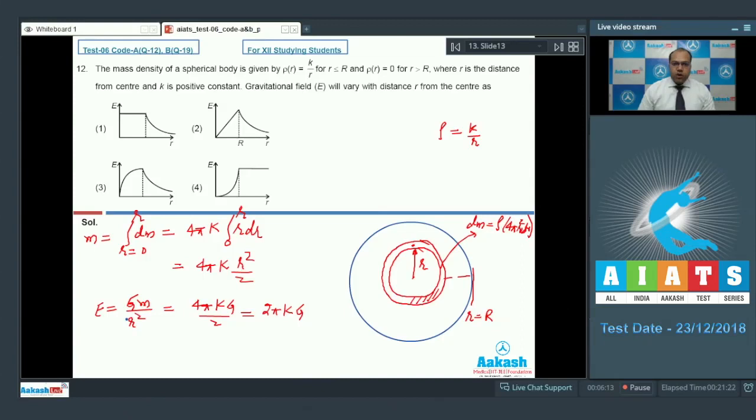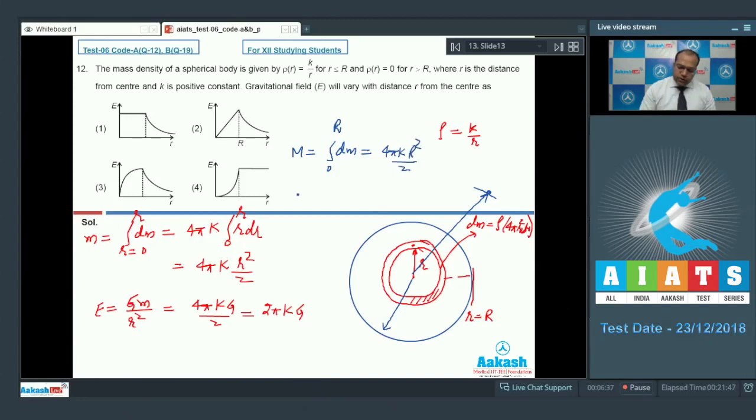And if I go outside of the spherical body, suppose at this distance, if I write the gravitational field, then I have to check what is the value of this mass. So this mass comes out to be the integration of dm. Now the limit changes from 0 to capital R. So if I calculate this, it comes out to be 4 pi k into capital R square by 2.